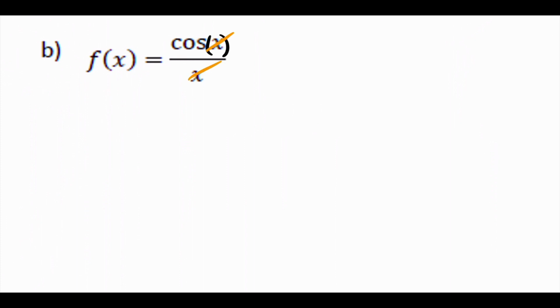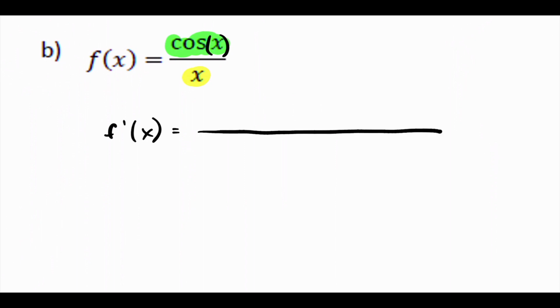So I have cosine of x divided by just x by itself. Again, those two guys are separate functions. This guy does its own thing, and this guy does its own thing. So if it's a division problem, to find the derivative, I have to use the quotient rule. I have no other option but to use the quotient rule.